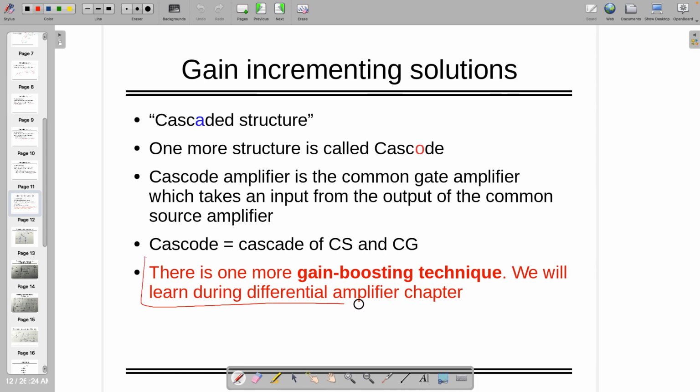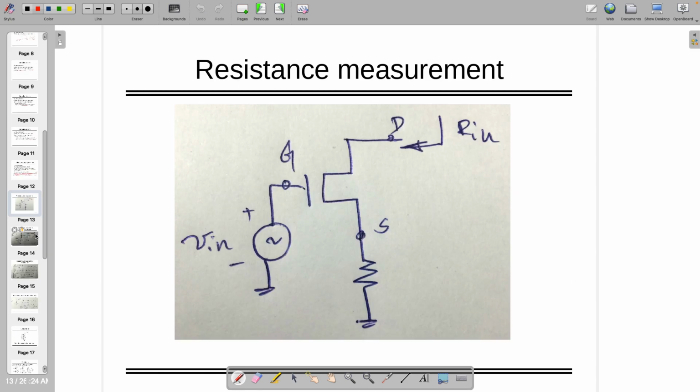We'll learn it in a different chapter when we learn the differential amplifier, so let's not talk about it. But before that, I'm going to give one more technique to find the resistance when such a circuit is there.